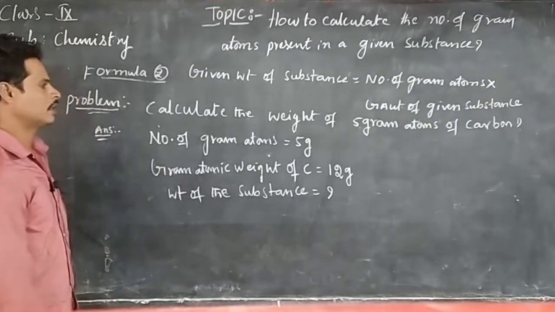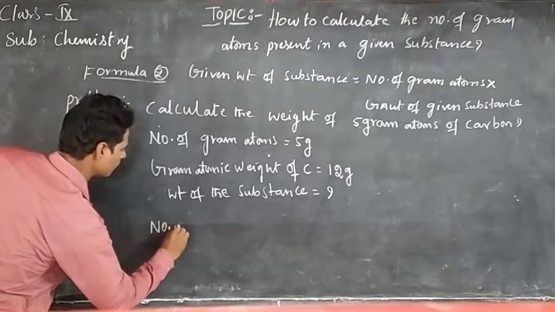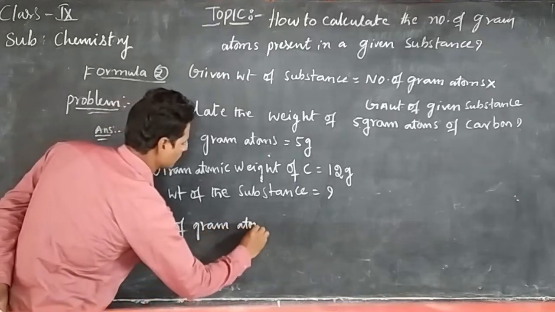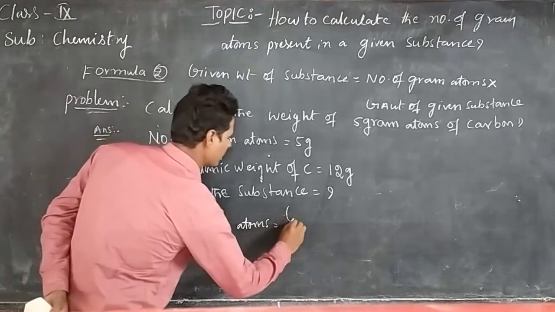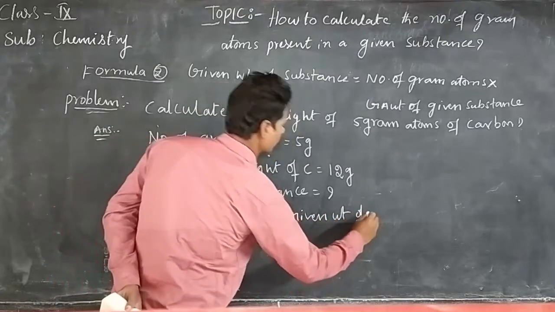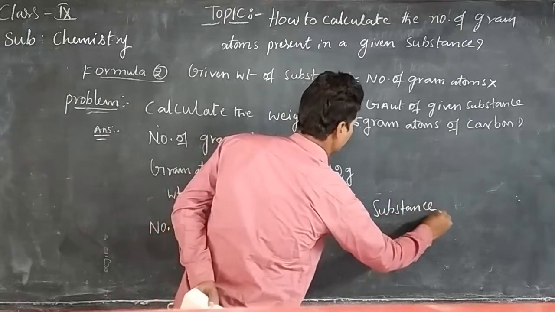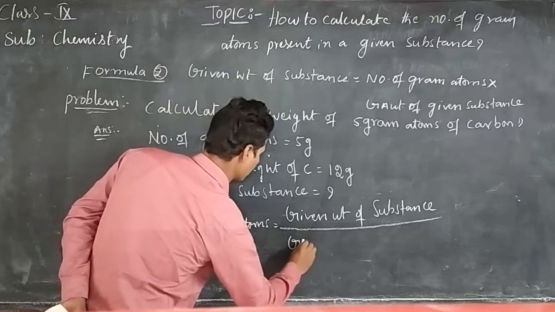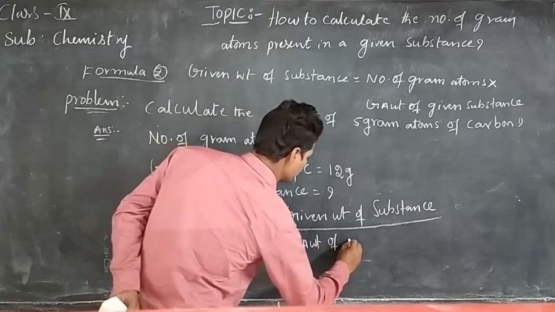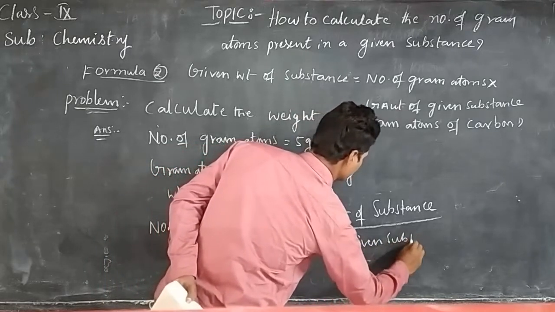Now the first formula: number of gram atoms equals given weight of substance by gram atomic weight of given substance.